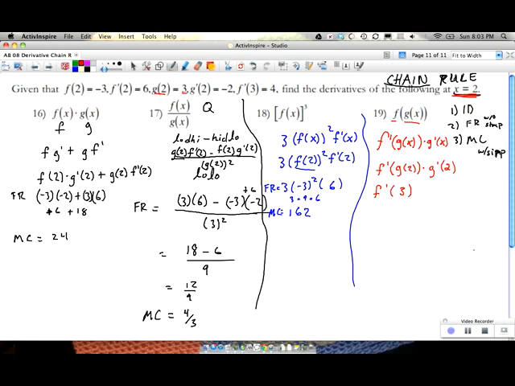So that means I'm really finding f prime of 3 times g prime of 2. And f prime of 3 is 4. G prime of 2 is negative 2. So that's our free response type question right there. And not much simplification for the multiple choice. 4 times negative 2 is negative 8. And then we win. And we're done.